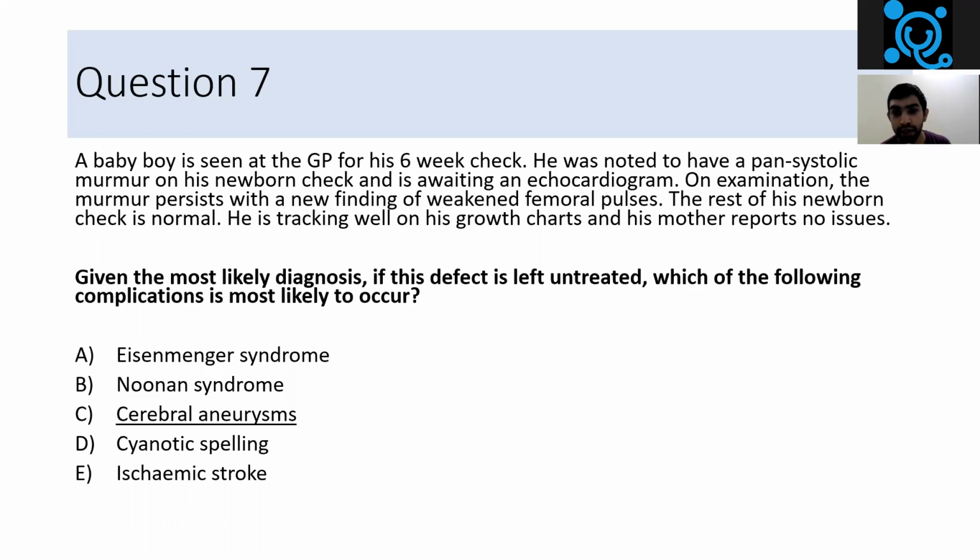And this in turn sometimes causes the aorta to narrow just a bit more, but it also minimizes how much blood is then going to the distal aorta. Yeah, so this can then help reveal the stenosis. Okay, so that explains why the weakened femoral pulses are not seen in the newborn check, but seen later on.